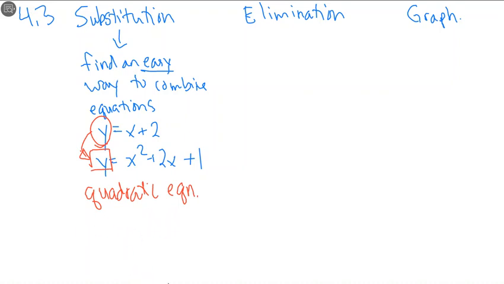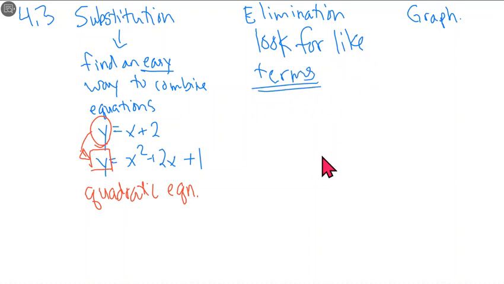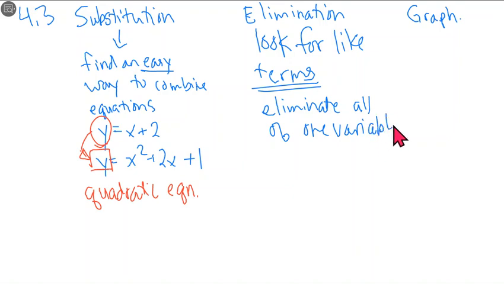Now, the next type is elimination, and this is where you look for like terms. Okay, you have to have the like terms so that you can eliminate all of one variable. So that would be x squared and x, or y and y squared.